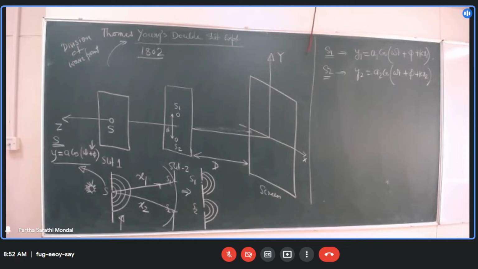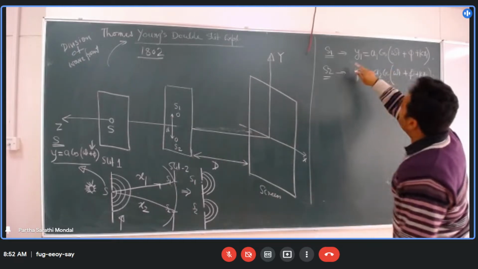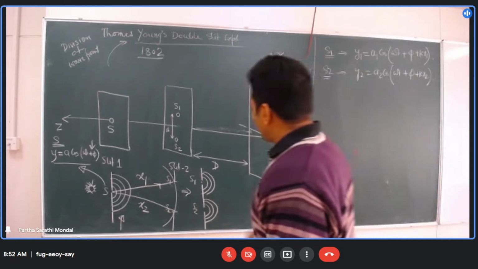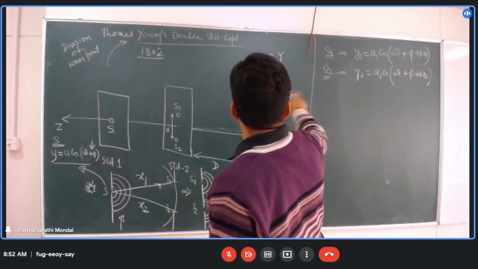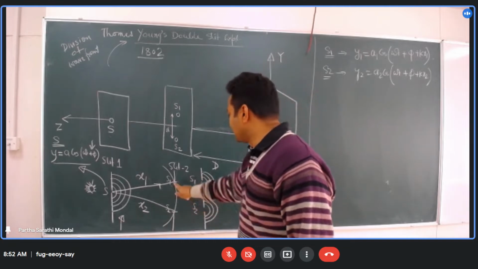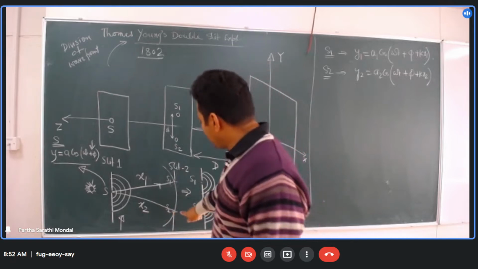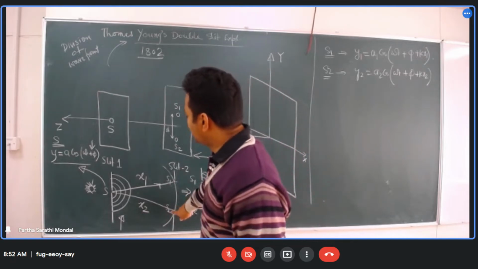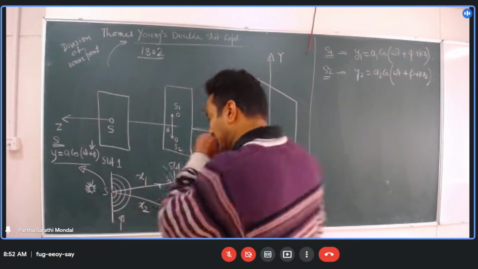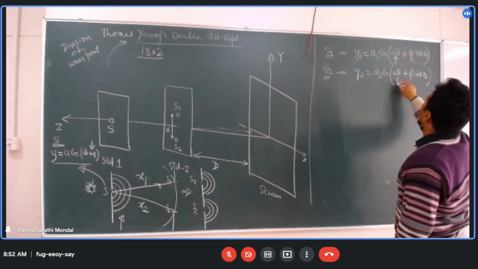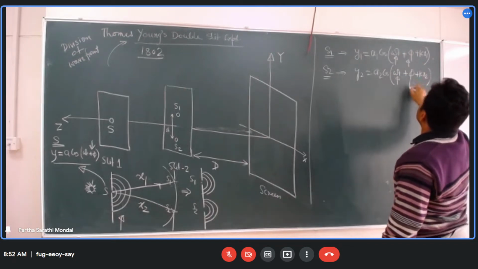To write this we use only one fact, which was made clear by Huygens. He said that if you divide the wavefront, each point on the wavefront, like S1 and S2, will produce light similar to the original source S. It will have the same angular frequency and the same initial phase.